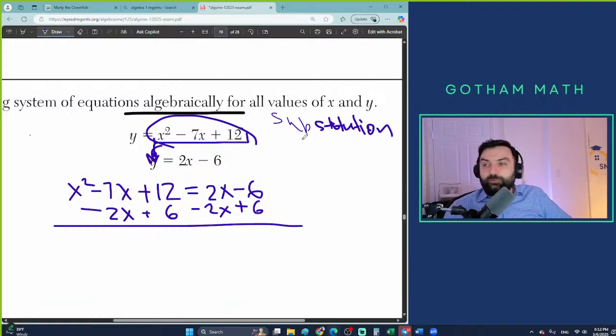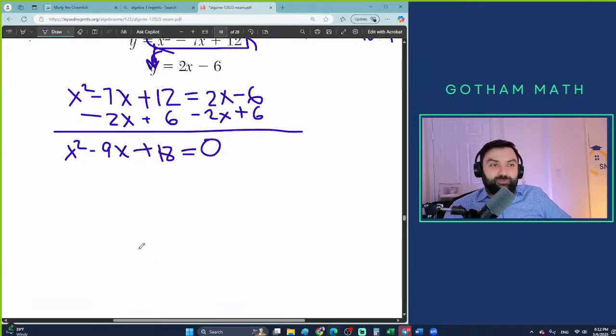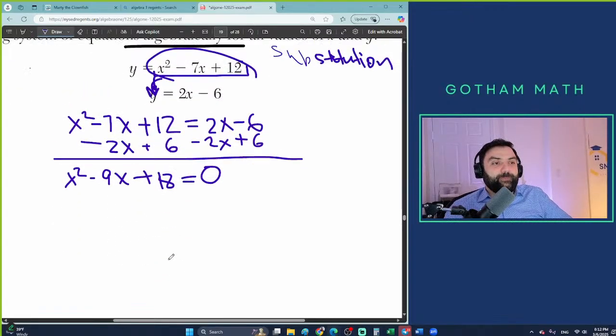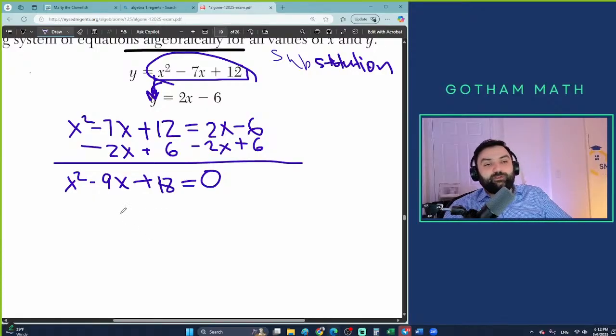Now what we have is x squared minus 9x plus 18 equals 0. All right, now we have a quadratic. Now we can solve that quadratic. How can we solve it? Quadratic formula, completing the square, and something that's called factoring. This is the easiest way, the fastest way, I would say.